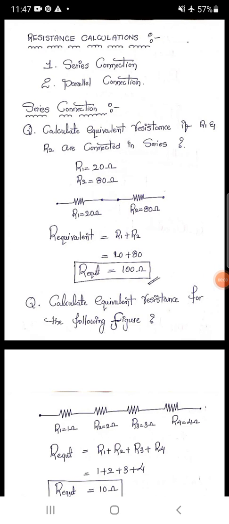Hi friends, in this video we are going to discuss the concept of resistance calculations. In any circuit, if there is a combination of resistances, meaning multiple resistors are present, then to find the total equivalent resistance for that particular circuit, we need to follow two different types of connections.